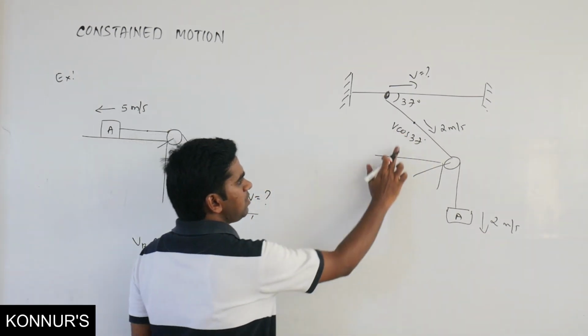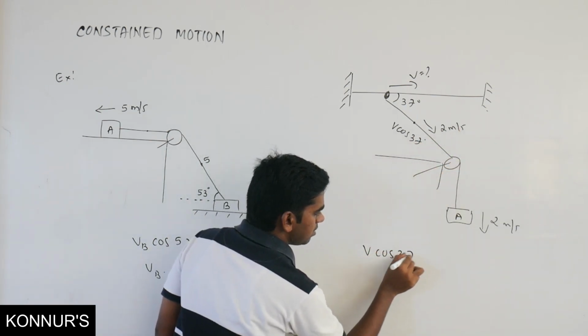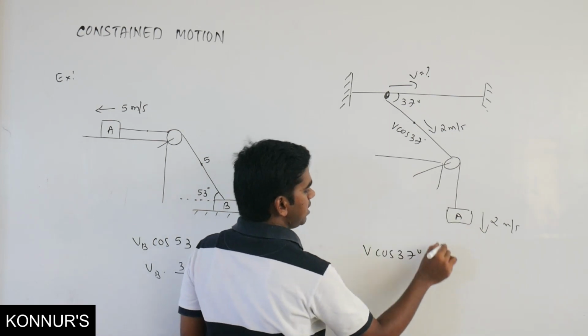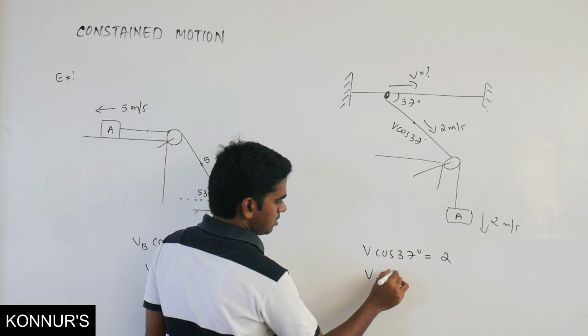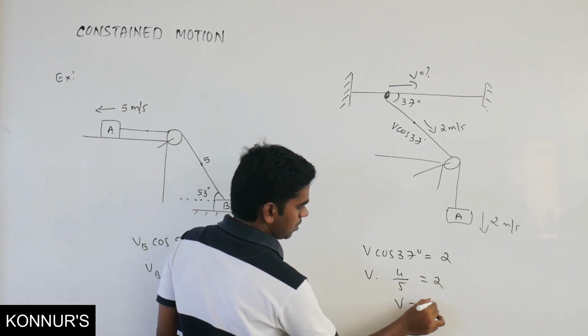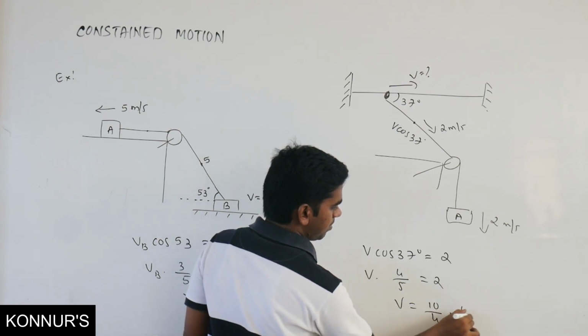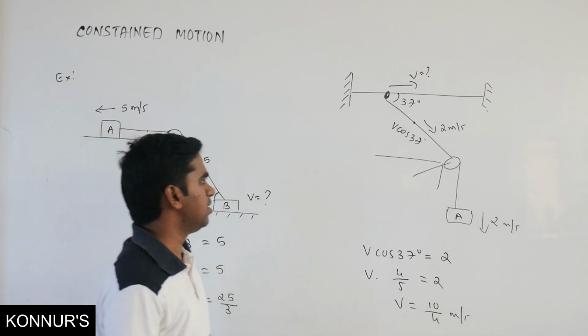So V cos 37 degree is equal to 2 meter per second. Cos 37 is 4 by 5, so V equals 10 divided by 4 meter per second. This is how we can solve the constraint problems.